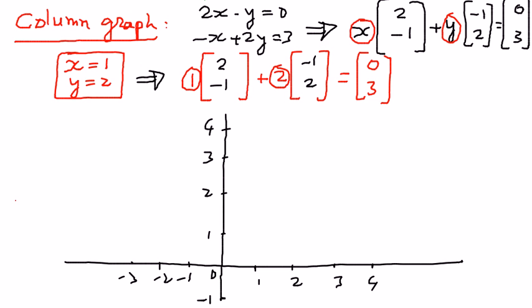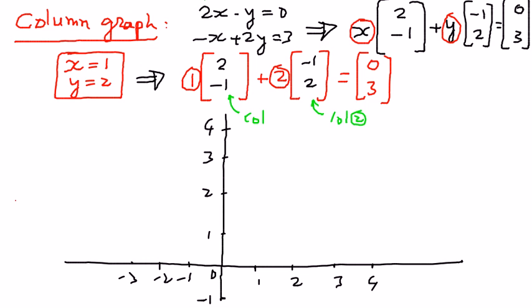Now in here, we're going to first identify the first column, and I'm going to use different colors now. In the first column, we have 2, negative 1. This is column 1, and this is column 2.